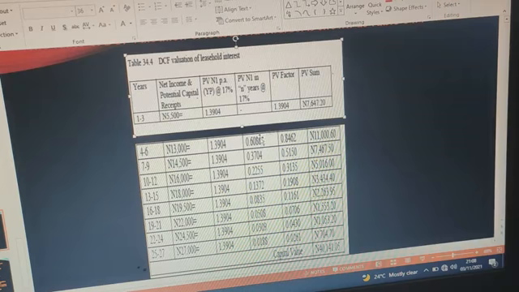Table 34.4 DCF valuation of leasehold interest.